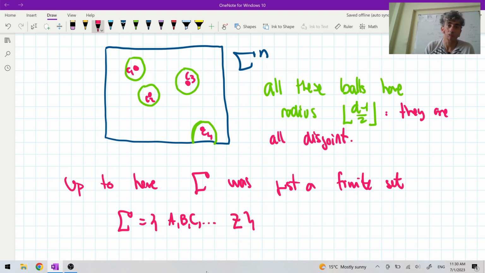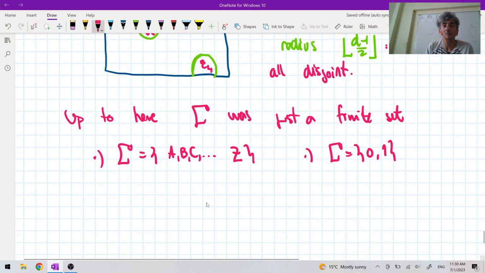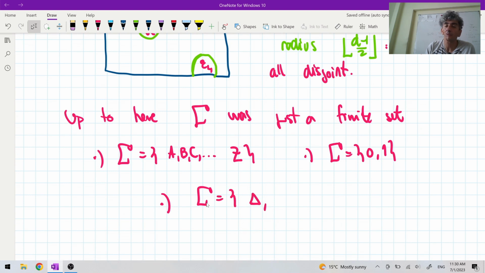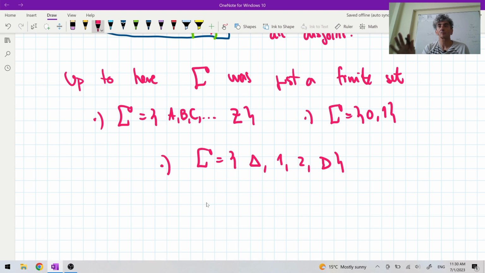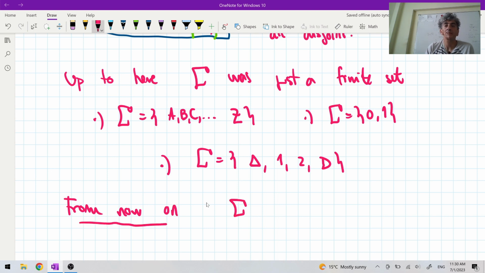That would be an option. Another option would have been just an alphabet with 0 and 1. We could have considered an alphabet consisting of a triangle, 1, 2, and the letter D. Just a finite set. From now on, we're going to concentrate on sigma being a finite field.